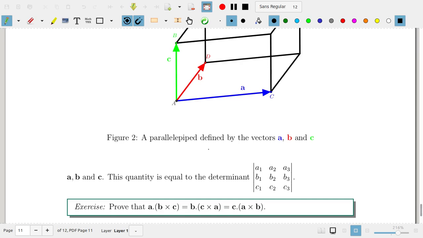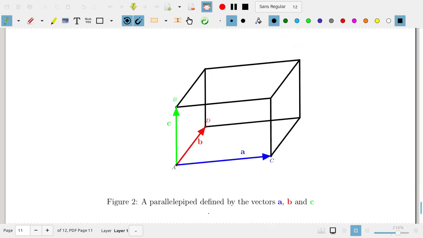Right? A1, A2, A3, V1, V2, V3, C1, C2, C3. Now, what is this geometrically? Geometrically, this gives you a figure that is known as a parallelepiped, or parallelepiped, whichever way you would like to pronounce it.